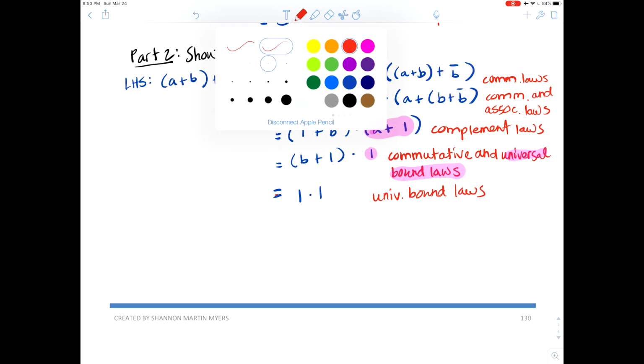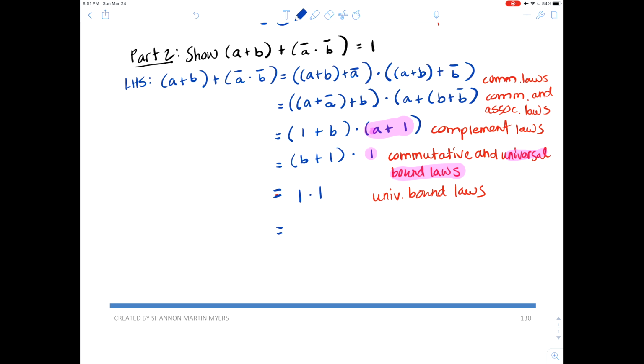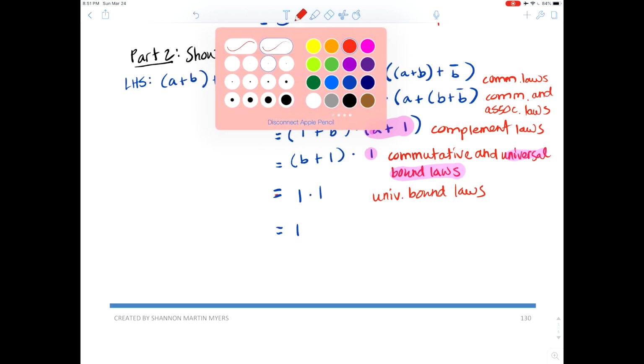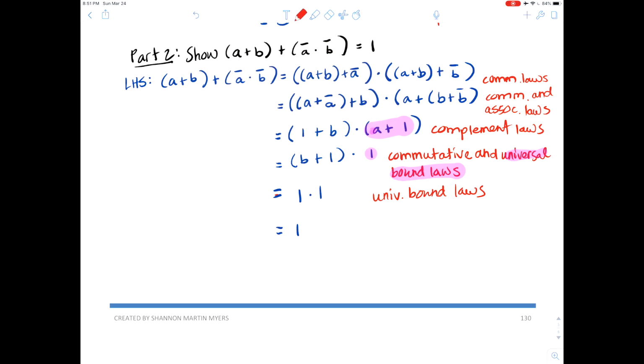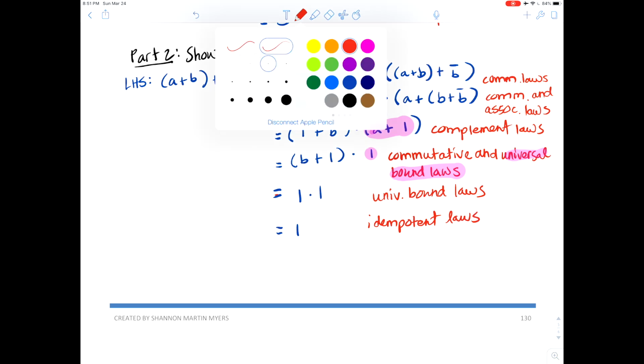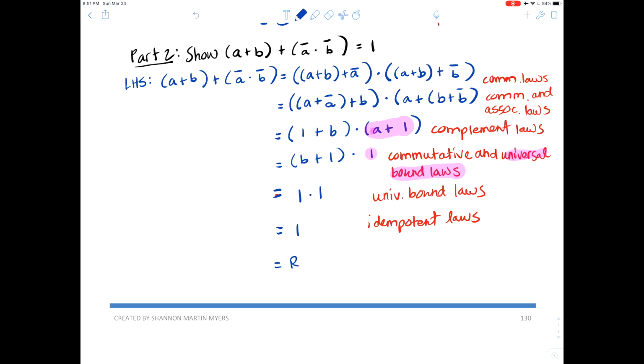And lastly, 1 and 1 is 1. And that is because why? Idempotent laws. And that was our right-hand side.